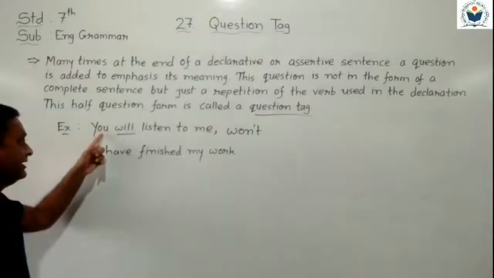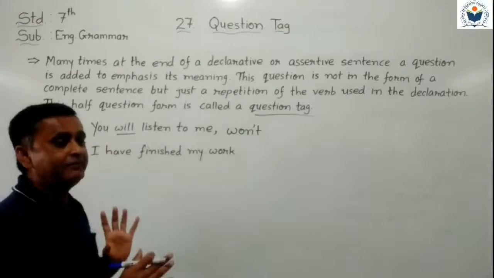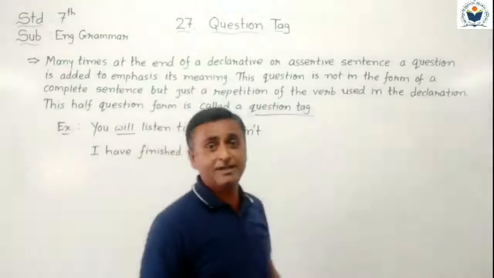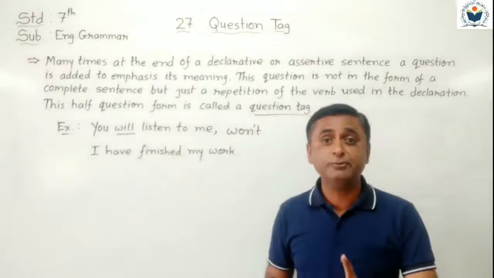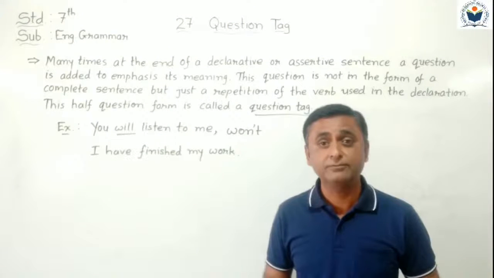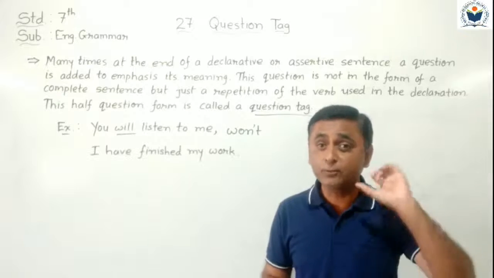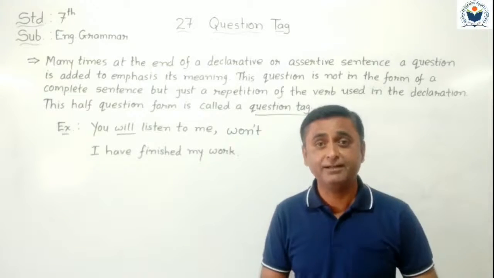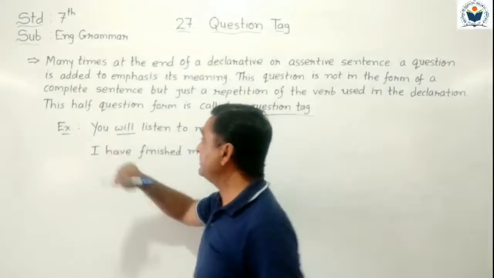Here the pronoun is already given. But if any name or place name is given, at that time we have to decide the pronoun for that noun. For that noun we compulsorily have to write a pronoun there. Here the pronoun is you.